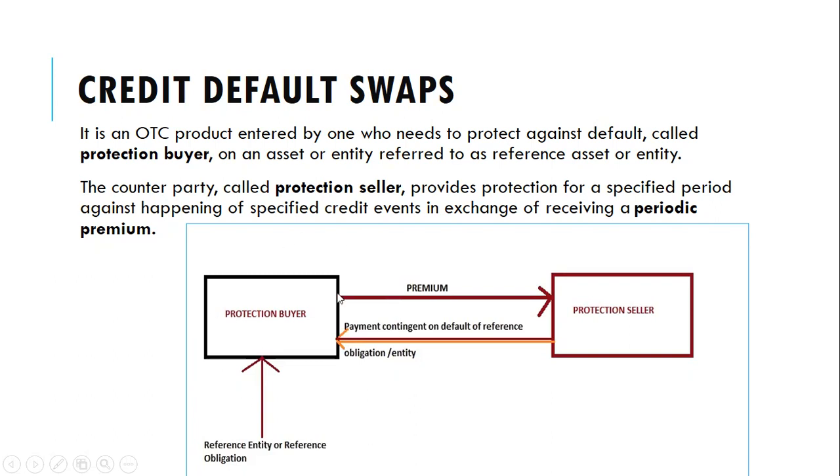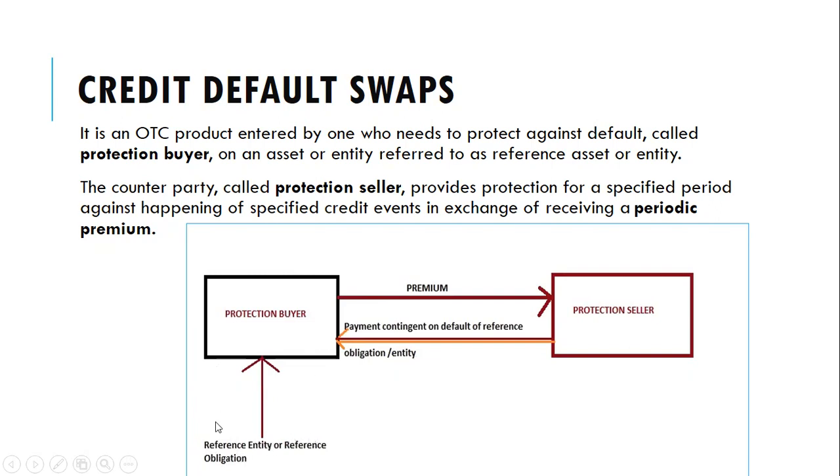So the same concept of insurance, applied to credit risk instruments, is referred to as credit default swaps. There is a protection buyer who takes protection against the credit risk that he foresees in the future, which is referred to as a reference obligation.